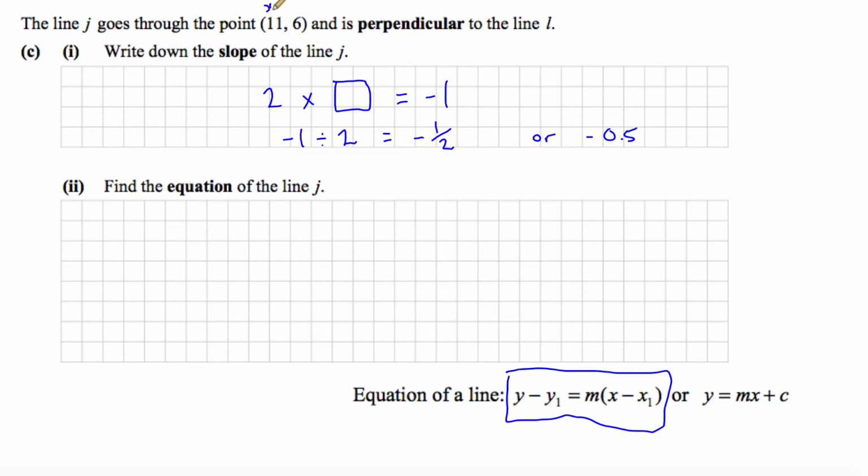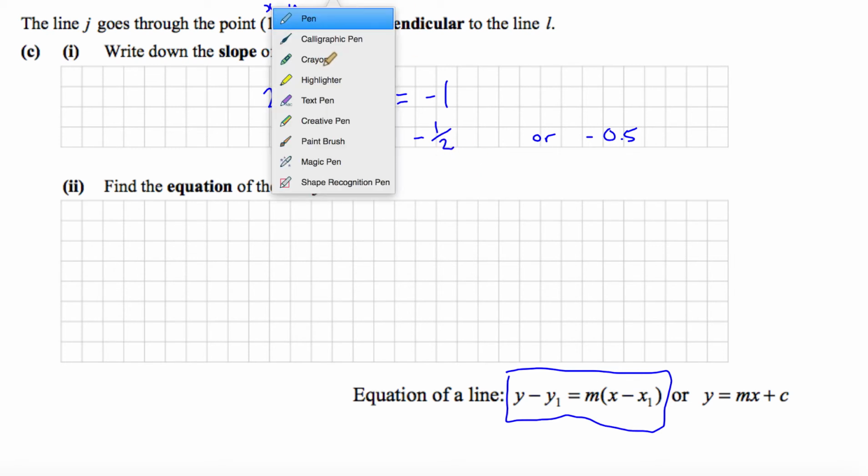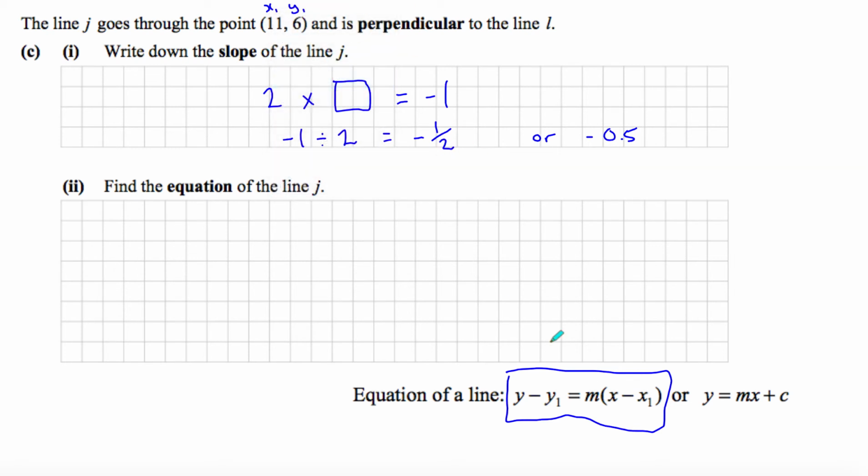So this is x1, y1, any point on the line, and m being the slope, which I know is minus a half. So just to be clear there, x1 will be this number, y1 will be this number, and the slope m will be this number here.